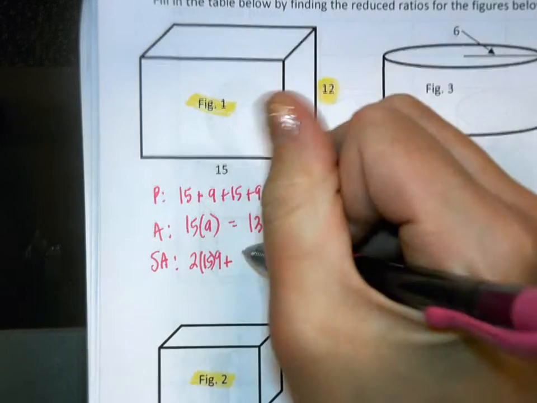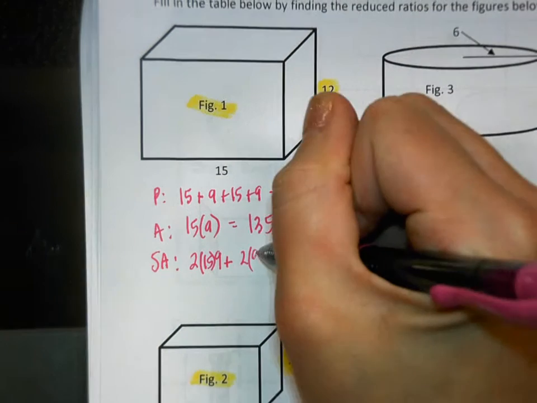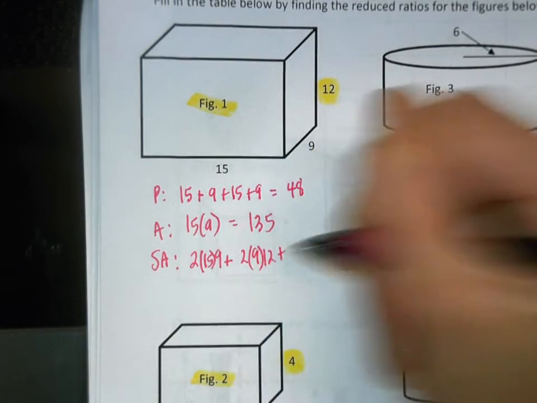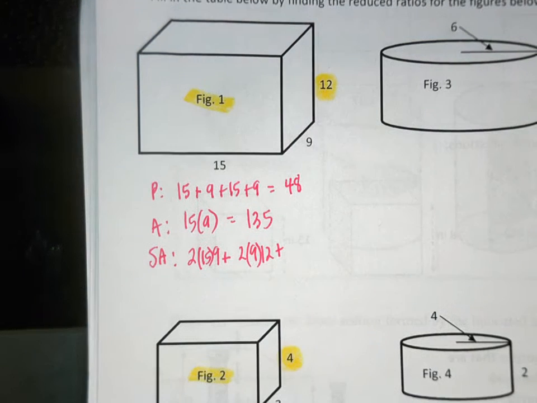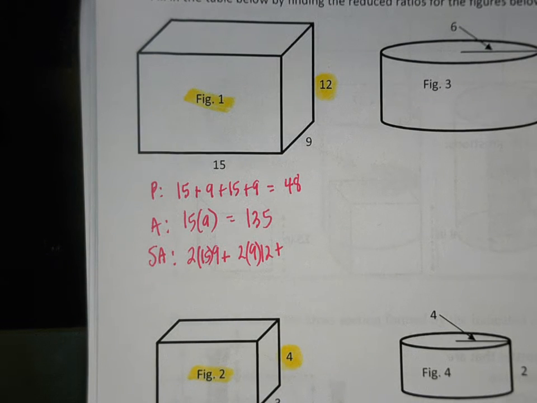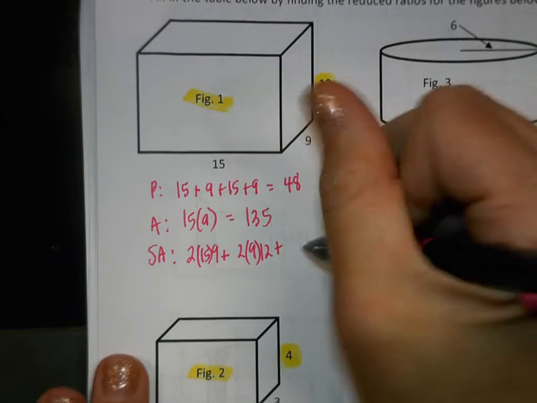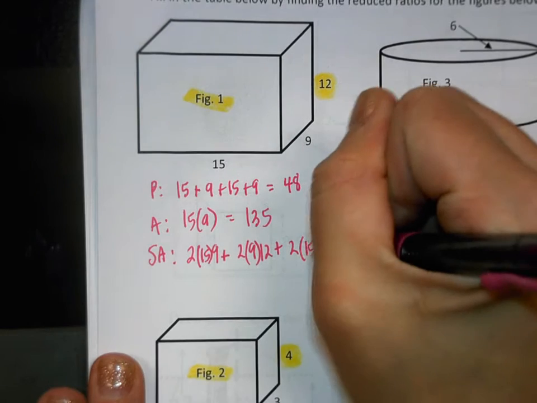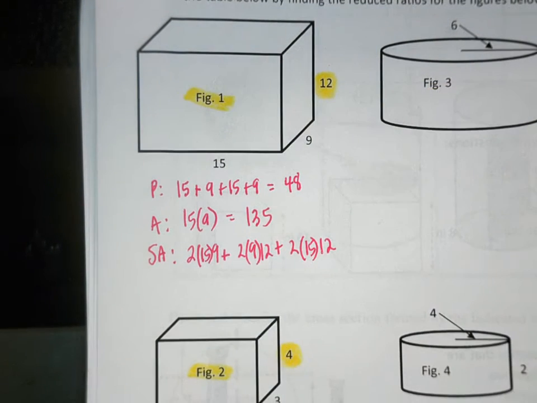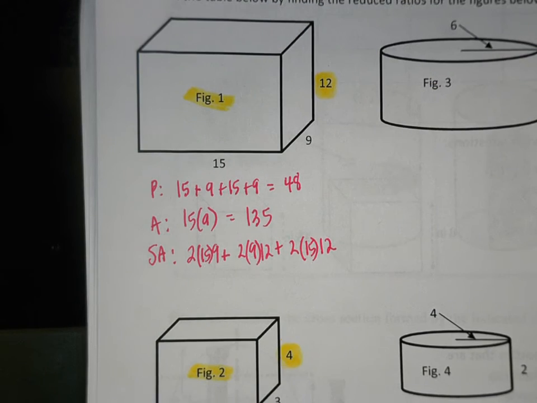So we're going to go 2 times 9 times 12 plus, and then I have my front. And what is my front and back going to be? 2 times 15 times 12. Okay, so we're good now? Do you remember?